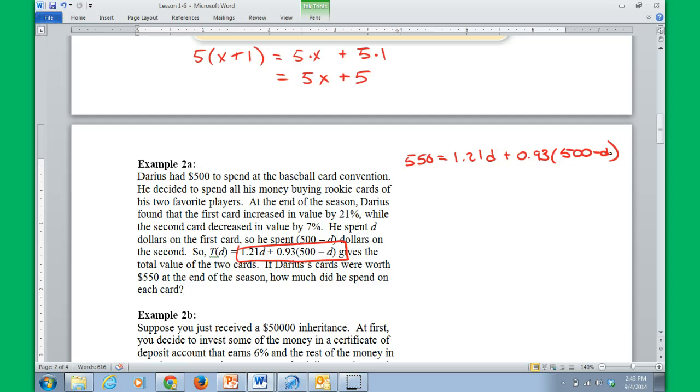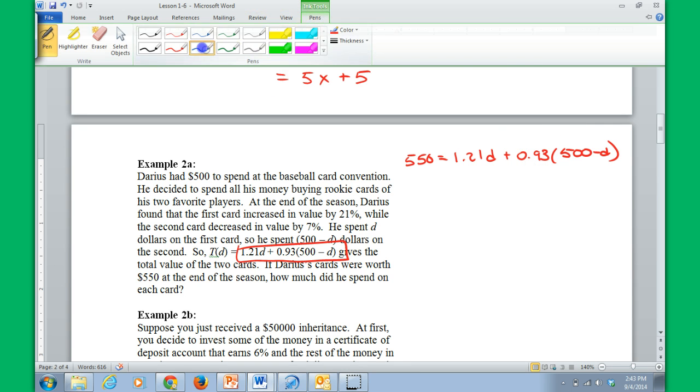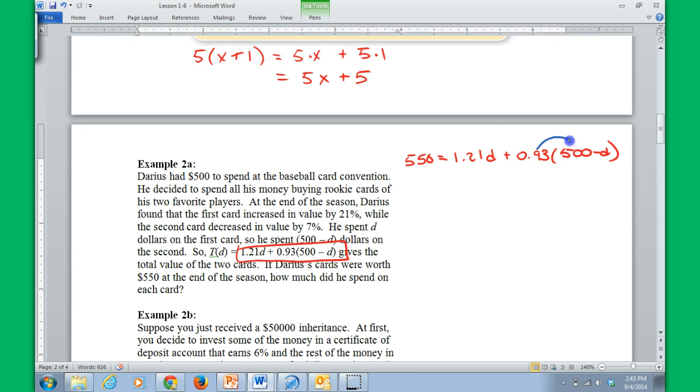So this is why I wanted to review distribution, because we now need to distribute that 0.93. I want to make sure that each of these get the 0.93. Okay, so we have 1.21 D plus 0.93 times 500.